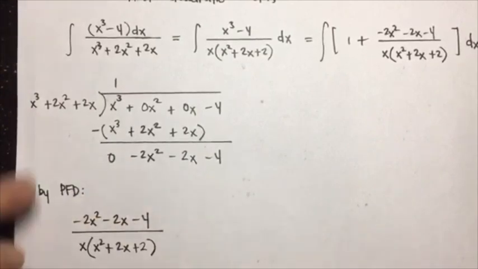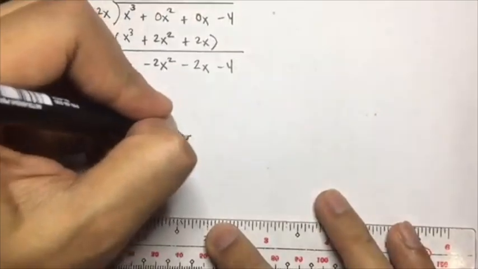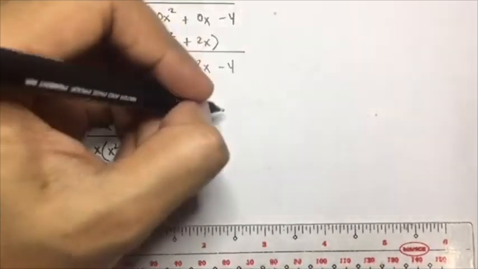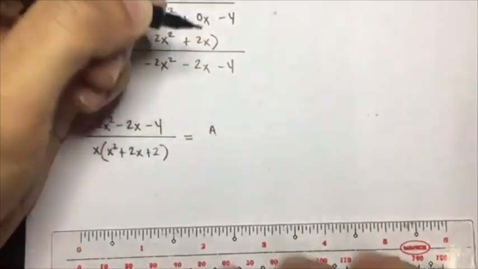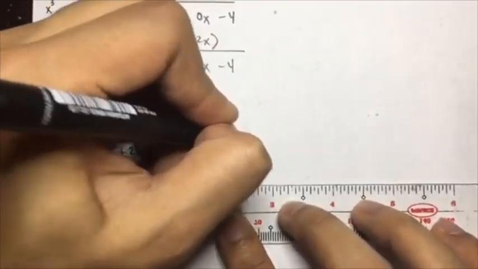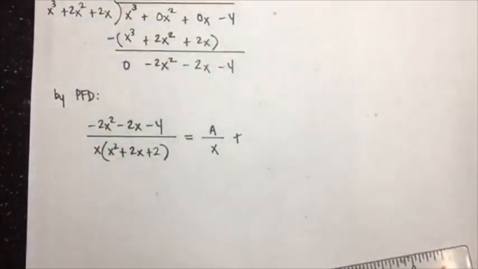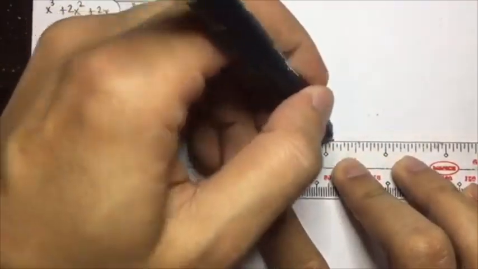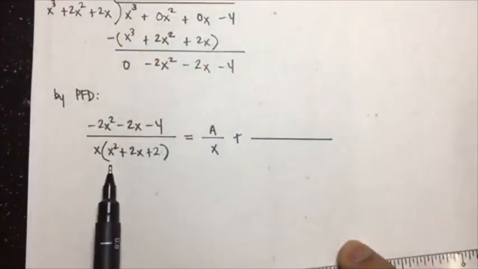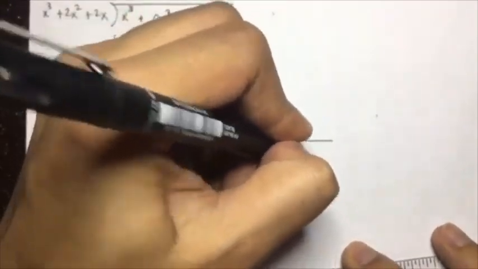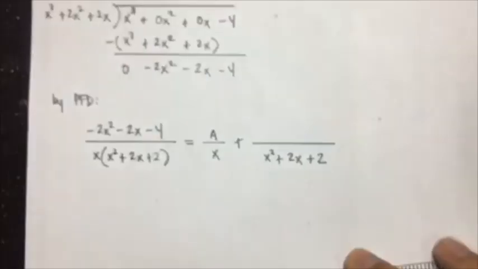That is equal to, we have a linear factor, so A over x, plus, for this one, we will have a quadratic denominator, x squared plus 2x plus 2.